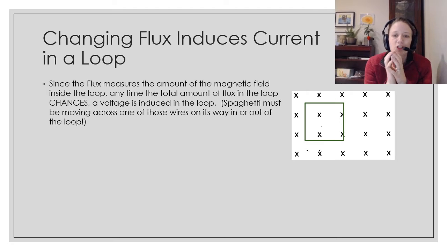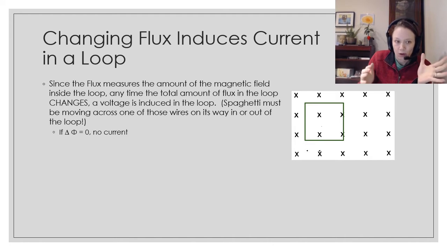Since the flux is measuring how many of these spaghettis are poking out through the loop, anytime the total amount of flux, or the total amount of spaghetti in the loop, is changing, we know that those field lines or the spaghetti has to have been chopped, because there's no way you can get field lines into a loop or out of a loop without passing across the wire. So the key thing is whether or not the flux is changing. That's what's going to determine how much voltage and what the direction of the current is induced in the loop.